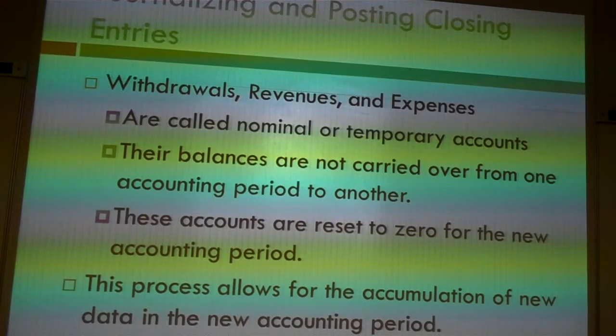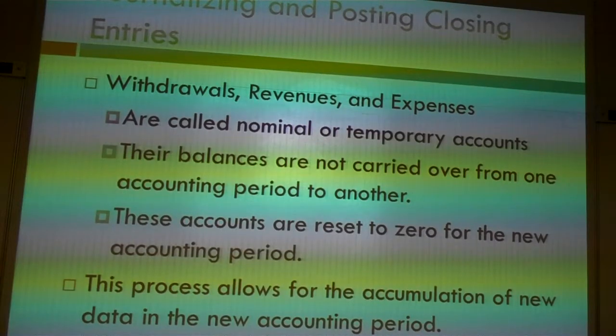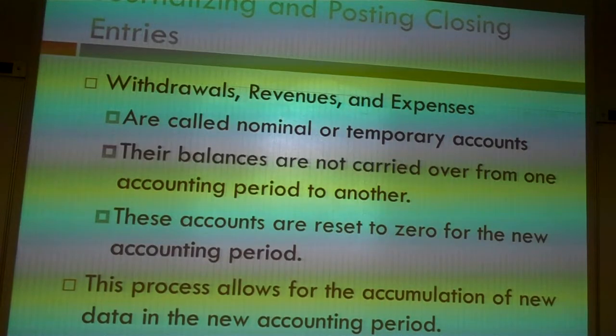We subtracted it from the capital, and we're going to close that account as well as the ones on the income statement so that our owner's capital account will be current. So we're going to close revenue, expenses, and the withdrawal account.